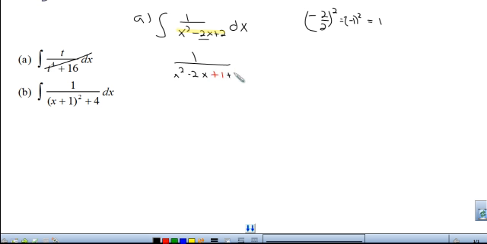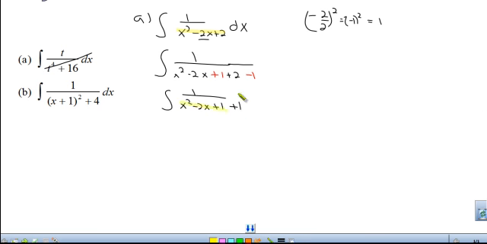But in order to make the equation equivalent, I need to subtract 1 as well. And that just means that I added zero, because 1 minus 1 is 0. So I get x squared minus 2x plus 1 plus 1.